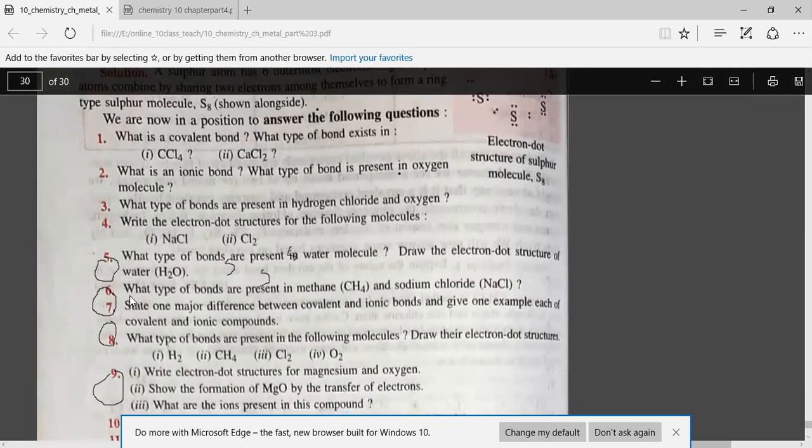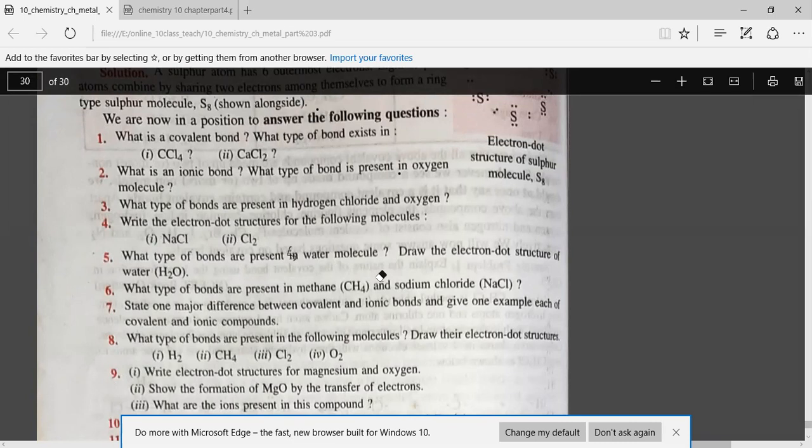Now read this question of 6. What type of bonds are present in methane, CH4, and sodium chloride, NaCl? In methane we have covalent bonds, because carbon is a non-metal and hydrogen is treated as a non-metal.